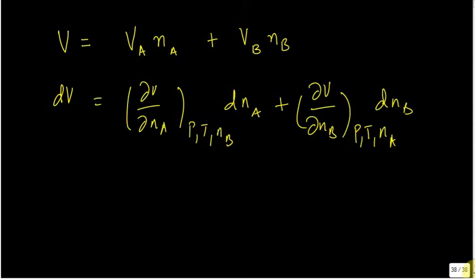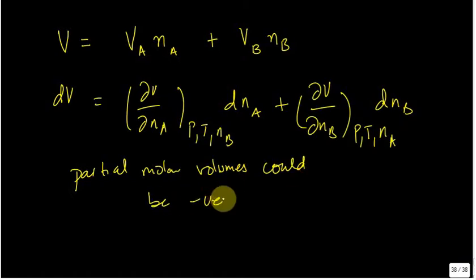And then my partial molar volume also gets reduced. I mean, it's a negative number. So partial molar volumes could be negative in certain cases. Of course, volumes can't be negative, it's only the partial.